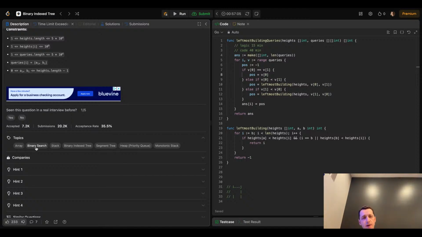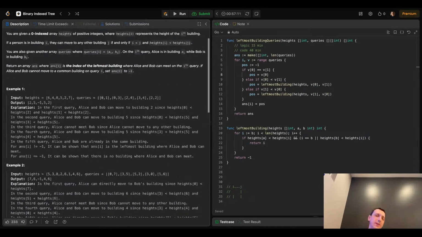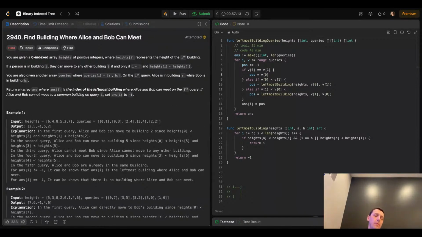Stack is fine. Binary search is classic. So how could you use a stack here? A stack will stack something up, so that will give us the values in the opposite direction.